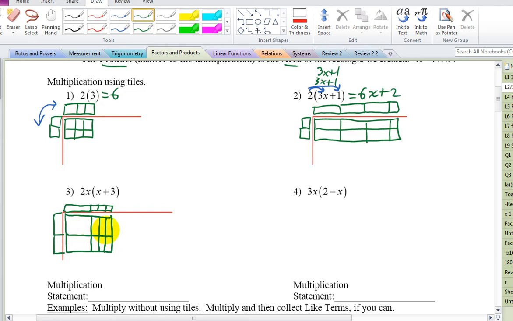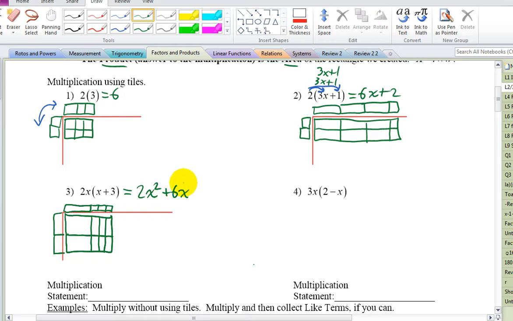Cool, we've created a new shape now, haven't we? What's that new shape we've created? x squared. Okay, and that's because of the exponents. So now our answer is 2x squared plus 6x.